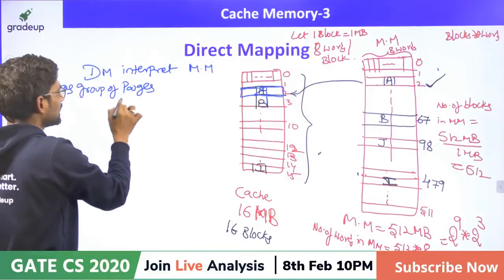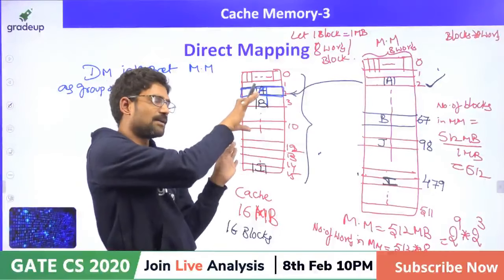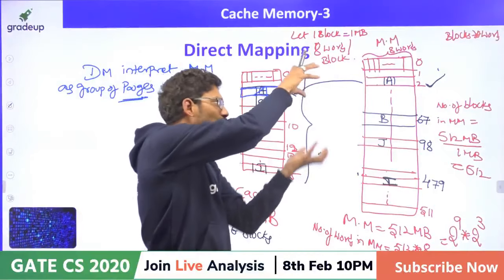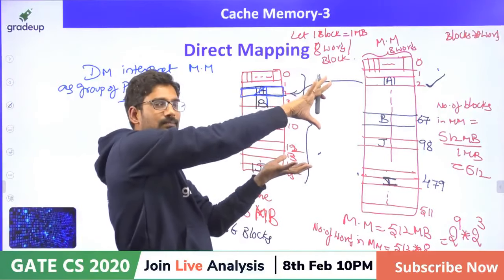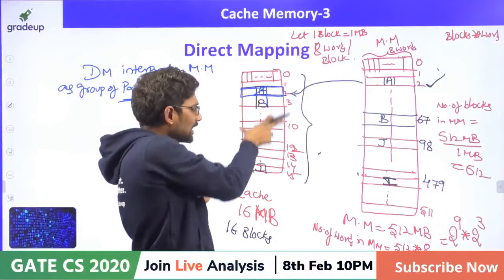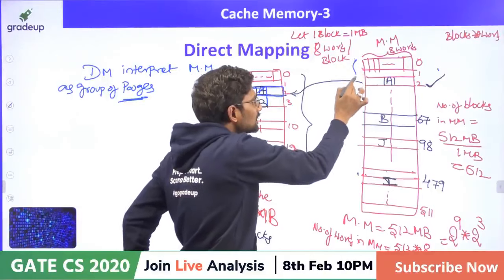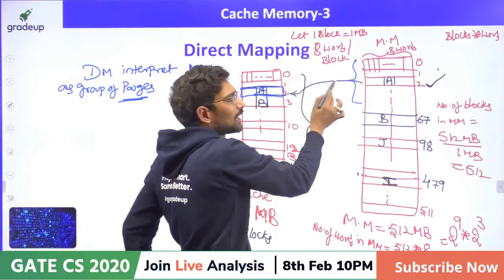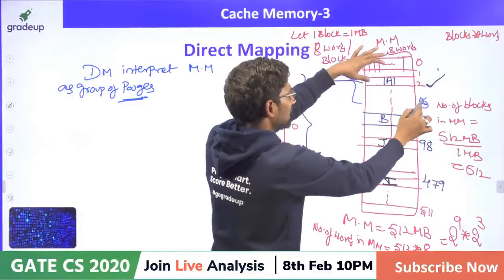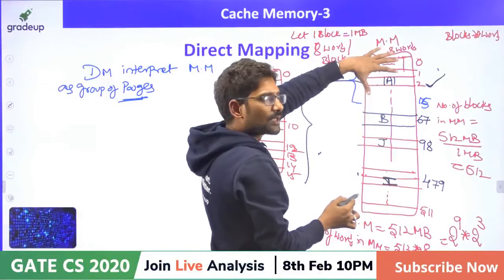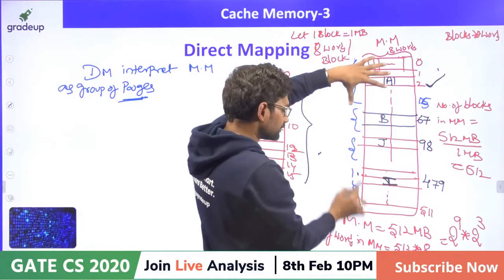What is this page? It sees the main memory as a group of cache memories. What is the cache memory size? 16 blocks, right? So the cache memory understands the first 16 blocks, 0 to 15, as one group, the next as another group, and like this.